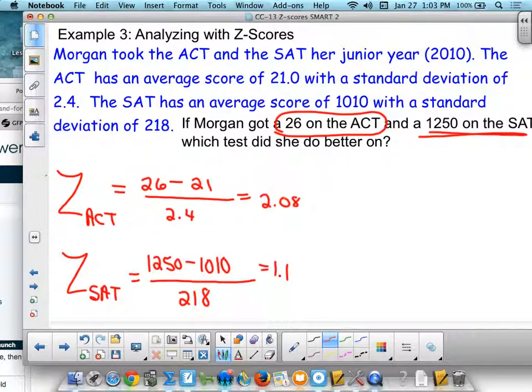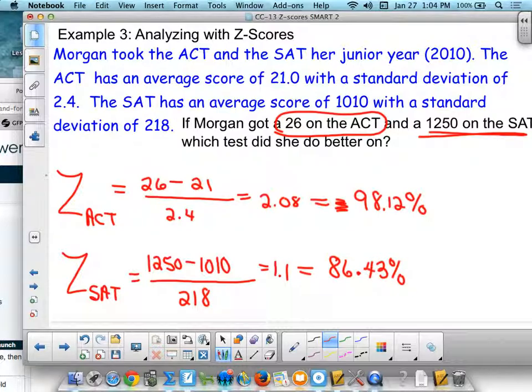I'm kind of giving these answers just because the bell's going to ring. But I've got to show you this. Watch what happens. This converts to 98.12%. This one converts to 86.43%. Here's my question.